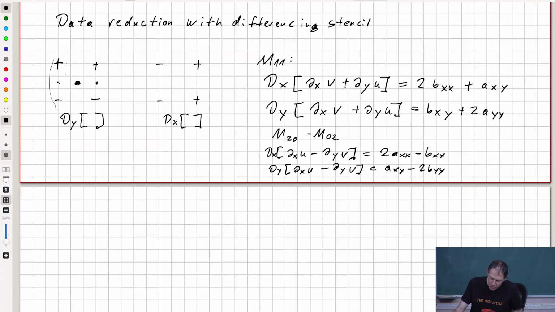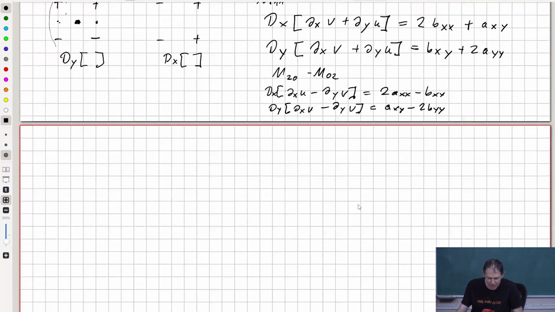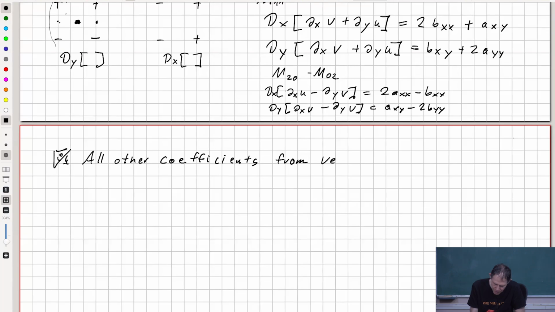So now we reduced these 4 data points in such a way that we can solve the equations for the coefficients, from the velocity at the nodes.